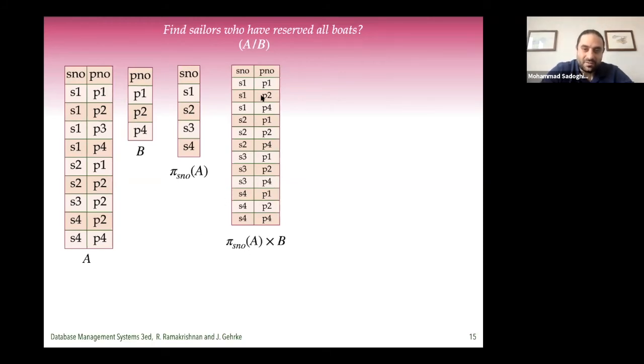If this was a reservation table, what does this instance imply? What does it say about our sailors and our boats? What can we say about our data?